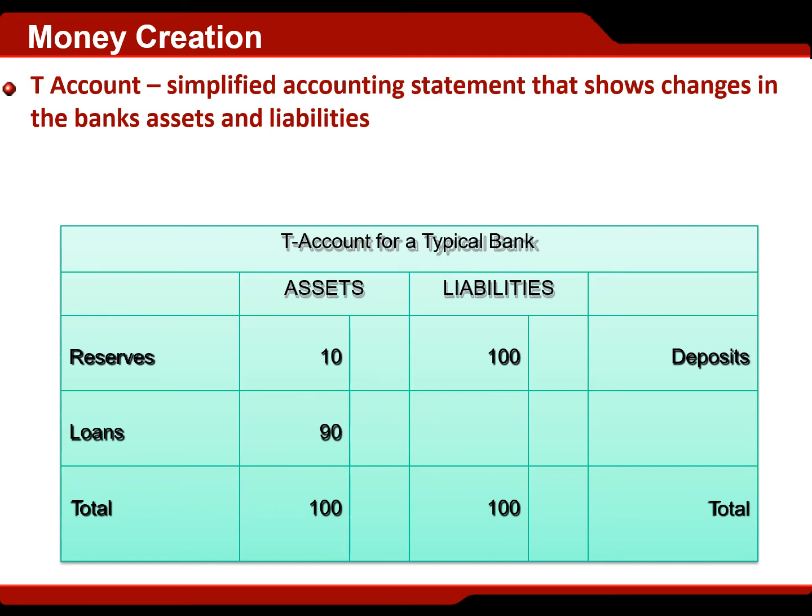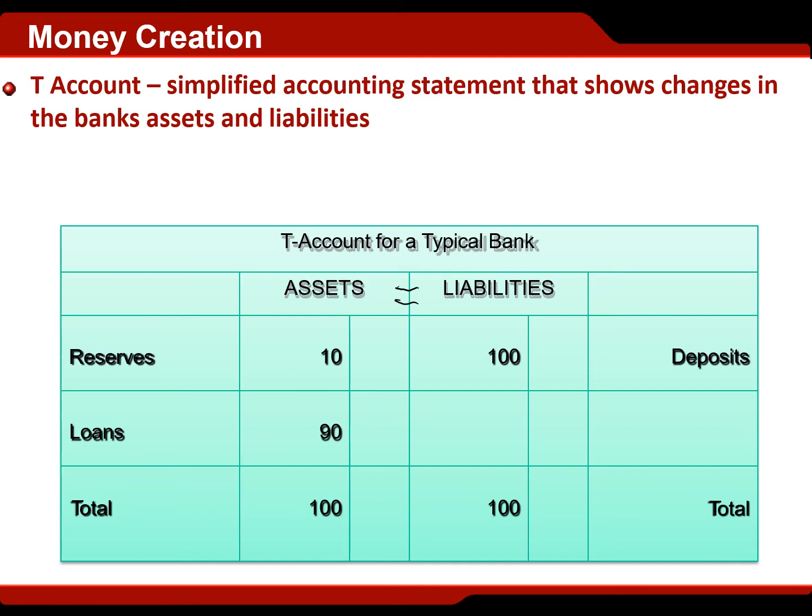Now, one thing I want you to know, and this is just really fundamental to understanding everything that we're about to do right here. In accounting, there is what's called the basic accounting equation, and it's very simple. It just says that assets must equal liabilities, okay? If you can remember that, you're in good shape. Assets must equal liabilities. Okay.